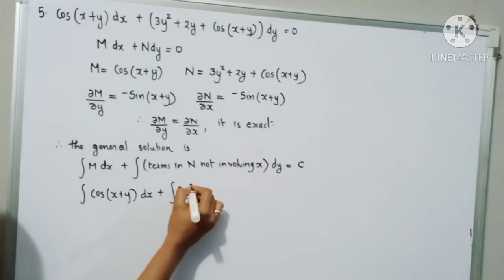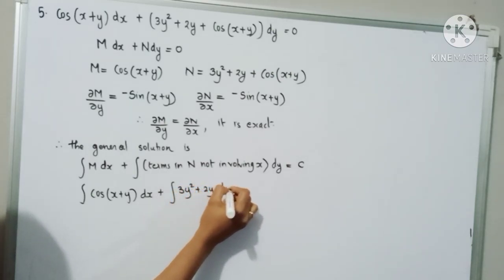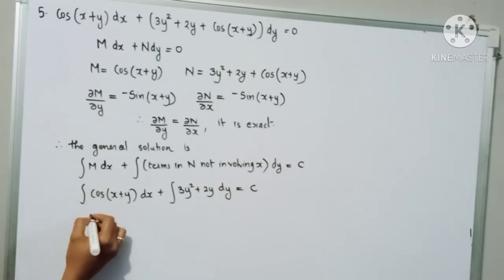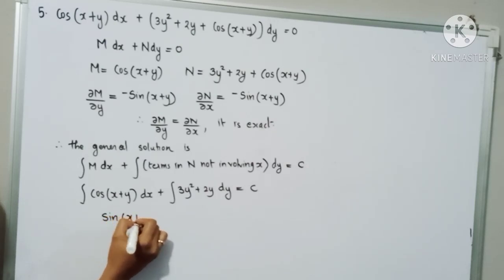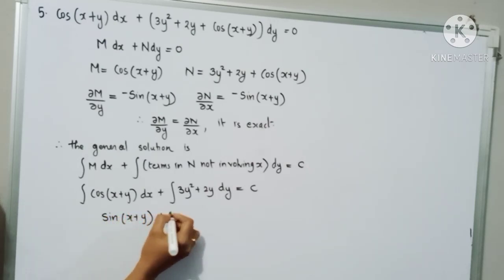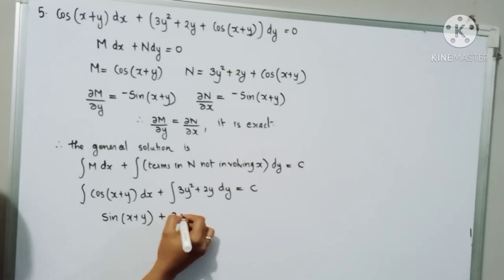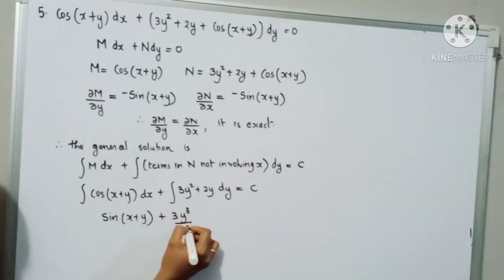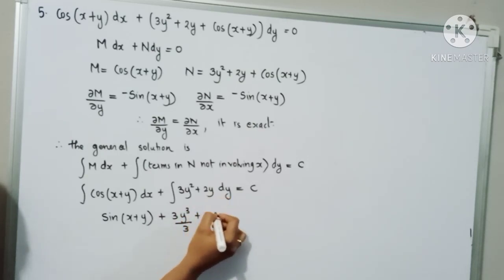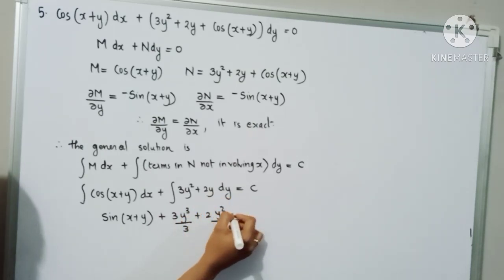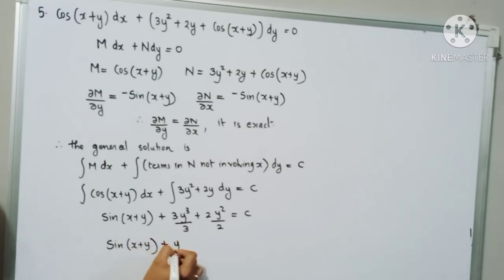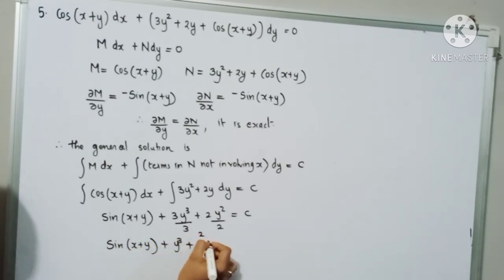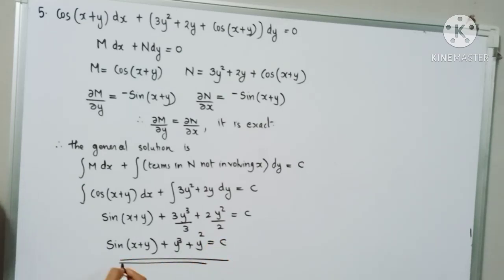The rest is (3y² + 2y) dy equal to c. The integral of cos(x + y) is sin(x + y), plus 3 times the integral of y², which is y³/3, plus 2 times the integral of y, which is y²/2, equal to c. Now cancelling those terms, sin(x + y) + y³ + y² = c. This is our required answer.